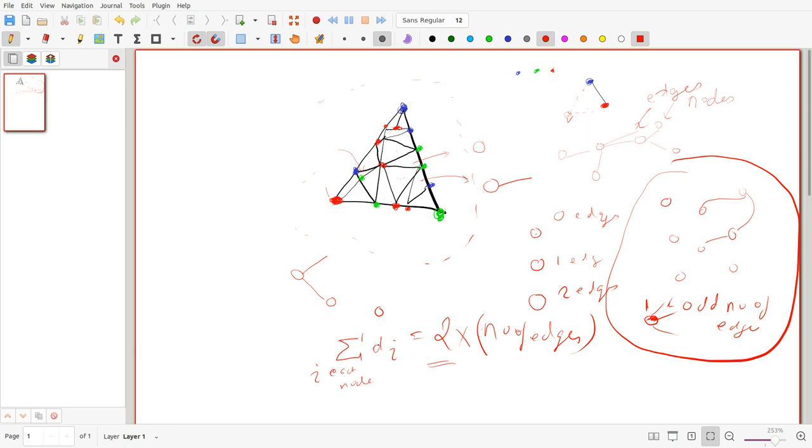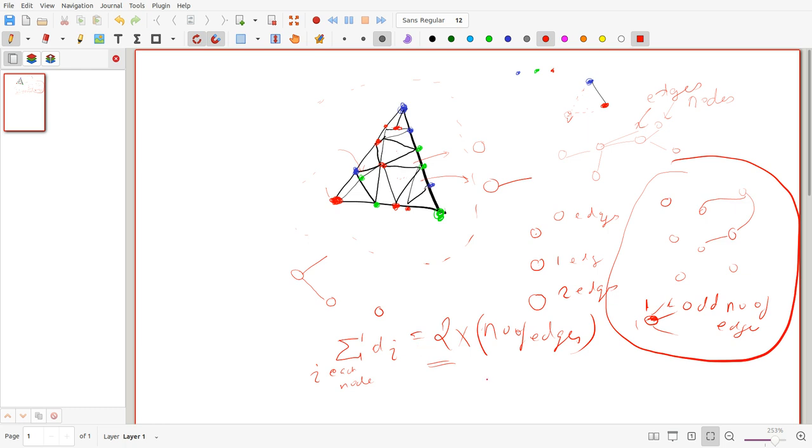Again, not interested in the sum, I'm just interested in the parity. Now that I know that the sum of the degrees of all the nodes is an even number, let's come back here. We see that this one node is guaranteed to have an odd number of edges. So let me subtract its degree from the summation over all the nodes.